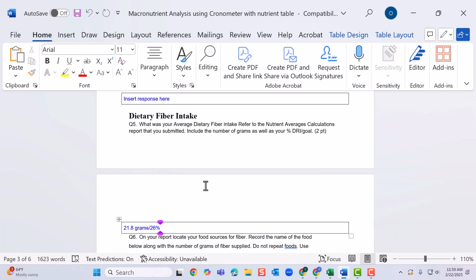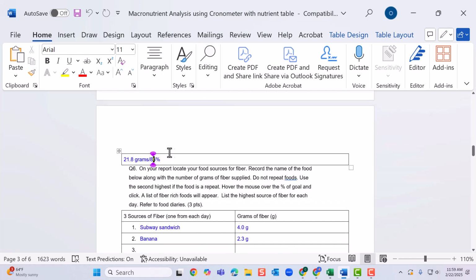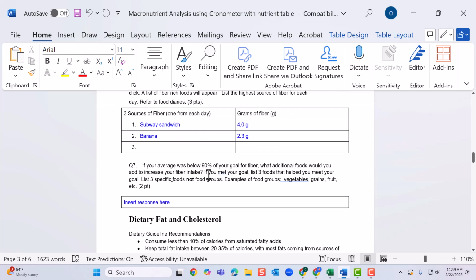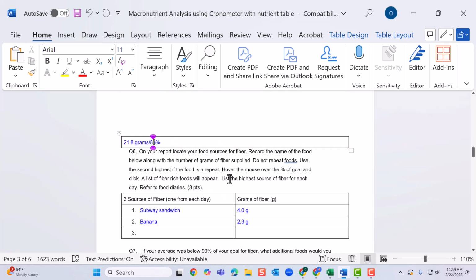Remember, that was already calculated for you. That's what percent DRI or goal means. I didn't quite get to 100. In this case, I put 90% is pretty darn good. So if you got 90%, that's an A, and that's pretty good. But in this case, it was not 90, it was 86.